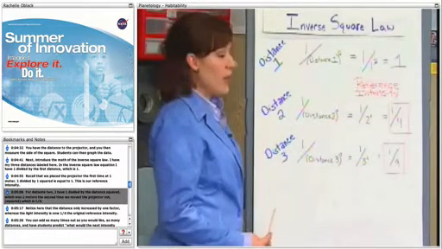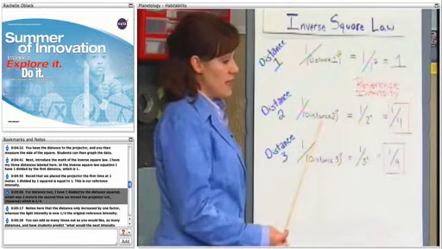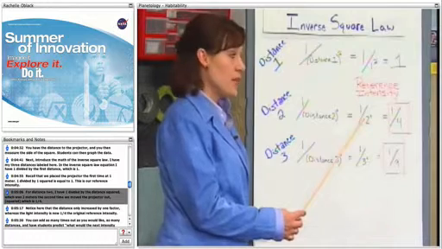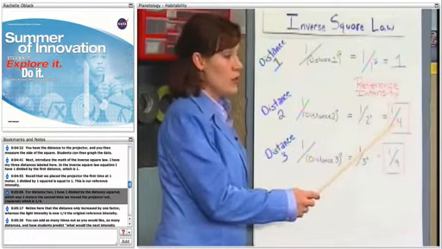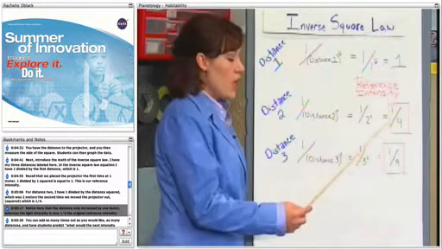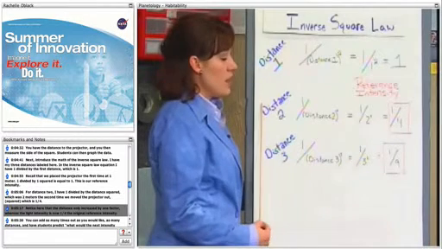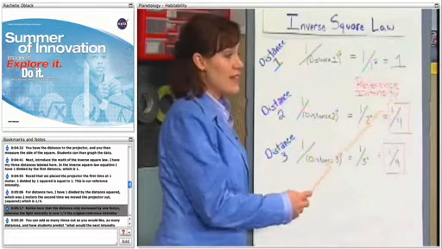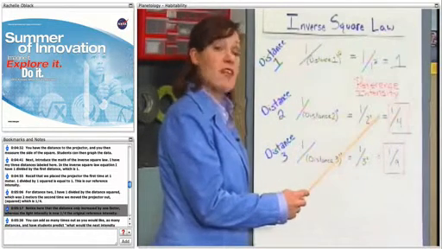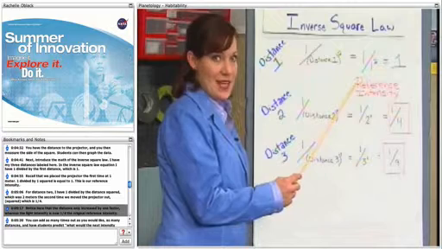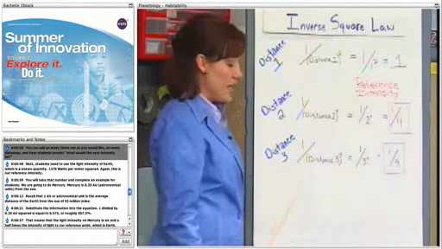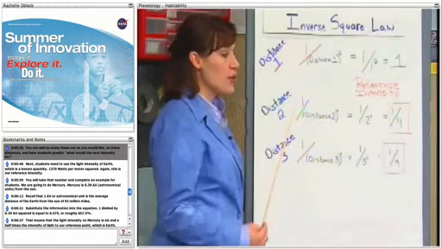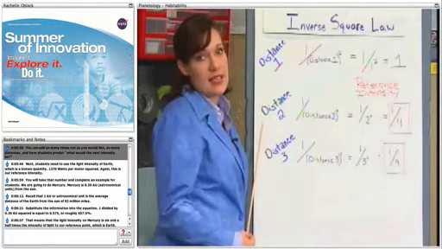For distance 2, I have 1 divided by the distance, which was 2 meters the second time we moved the projector out, squared, which is equal to 1/4. Notice here that the distance only increased by a factor of 2, whereas the light intensity is now 1/4 of the original reference intensity. You can add as many distances as you would like, and have students predict what the next intensity would be.